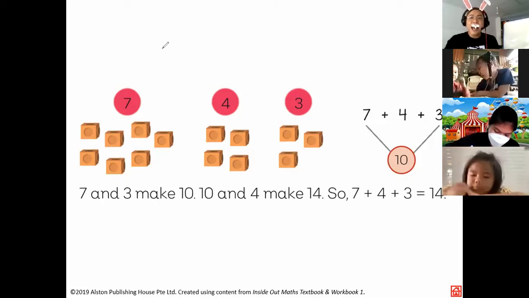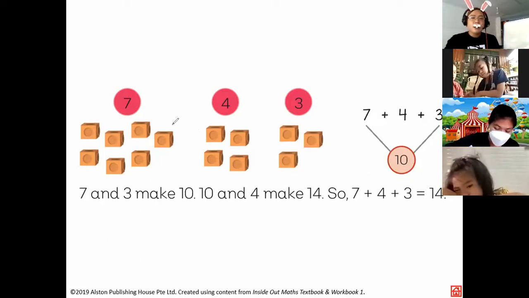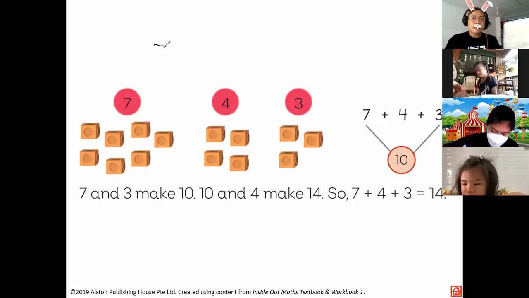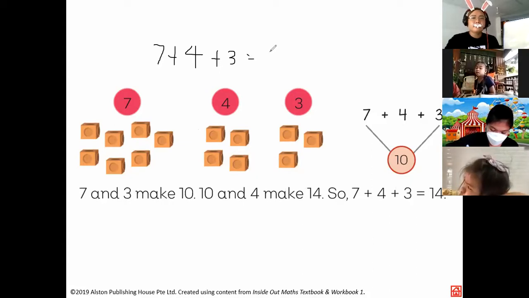You just have to add the 3 numbers. So 7 plus 4 plus 3 is equals to 10. Same like this, 7 plus 4 plus 3 is equals to 14. I'm sorry, that's 7 plus 4 plus 3, that's equals to 14.